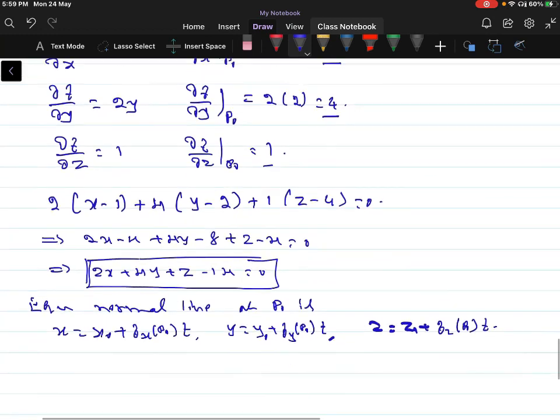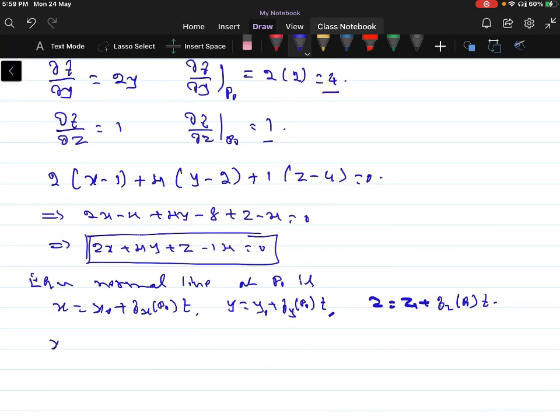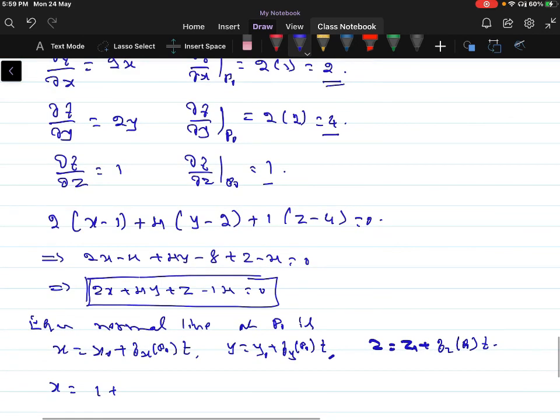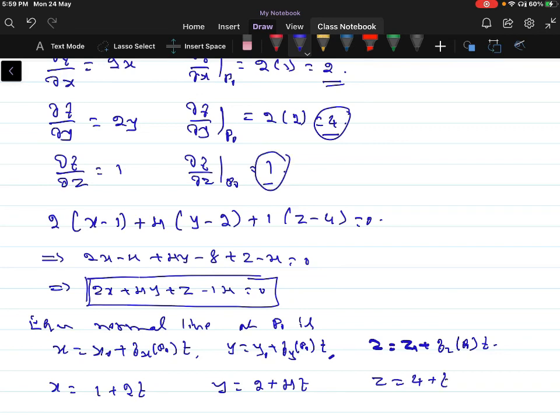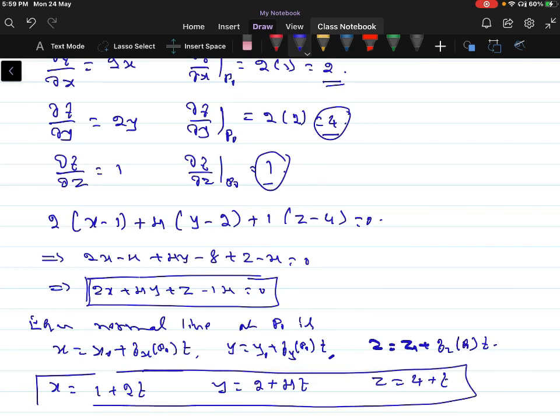So here x is equal to 1 plus 2 into t, y is equal to 2 plus 4 into t, z is equal to 4 plus 1 into t. So this is the equation of normal line at the p naught, where p naught is equal to 1, 2 and 4.